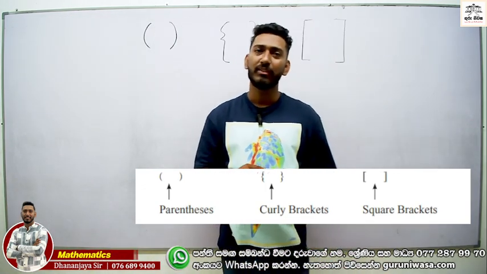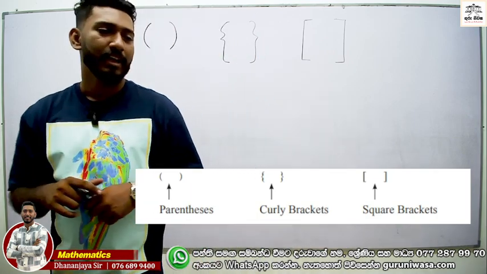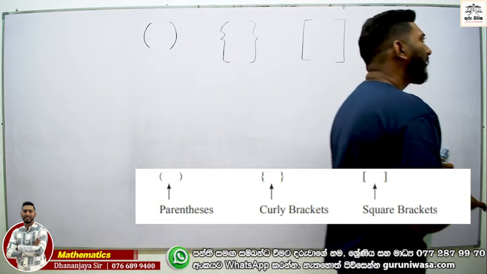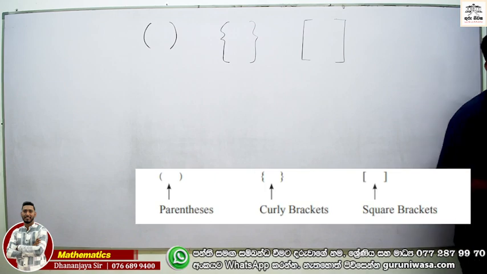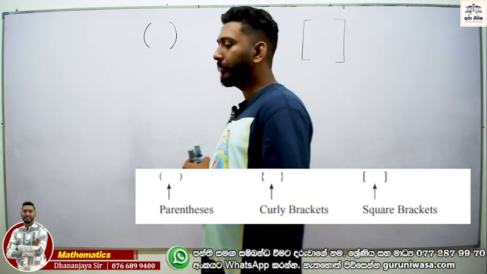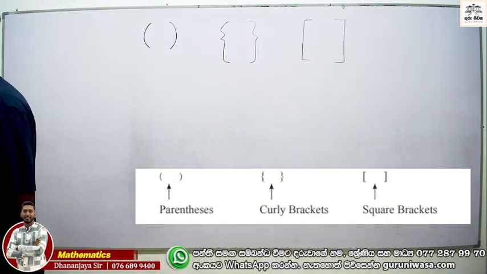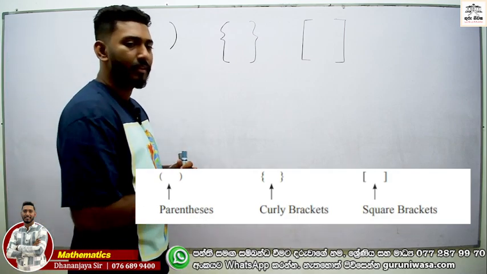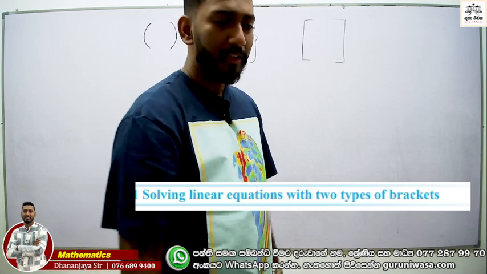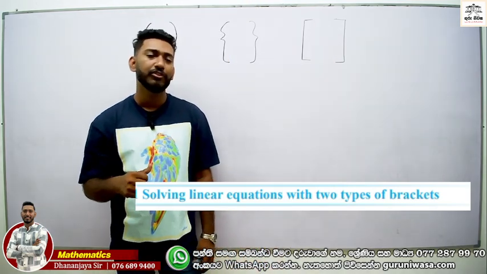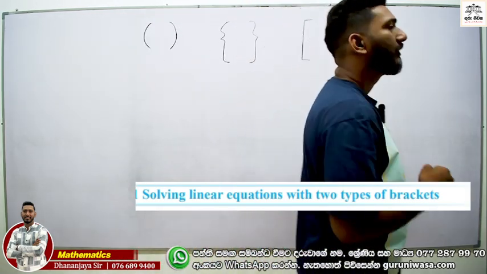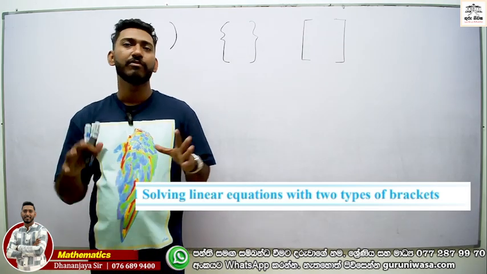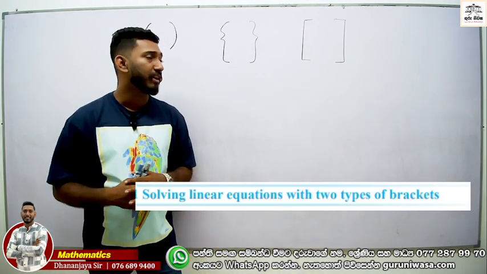Now note down these special three types of brackets in math: parenthesis, curly brackets, and square brackets. Sir, were we supposed to write a subtopic also? Yes, the subtopic is solving linear equations with two types of brackets. Today we are going to discuss the first subheading, linear equations with two different brackets.